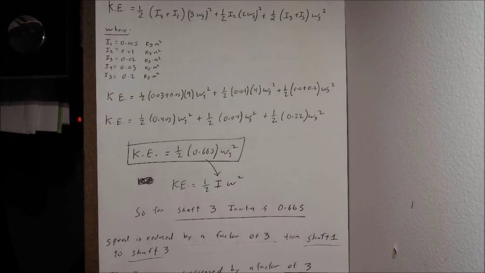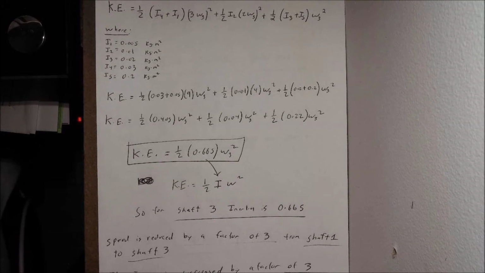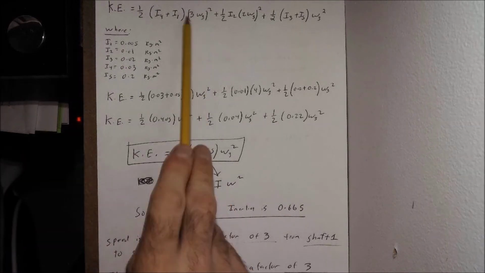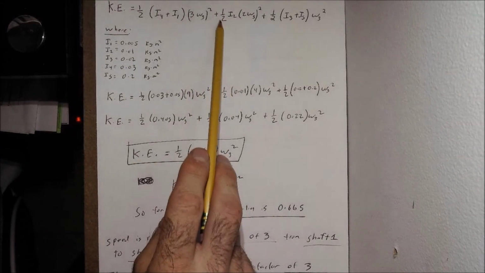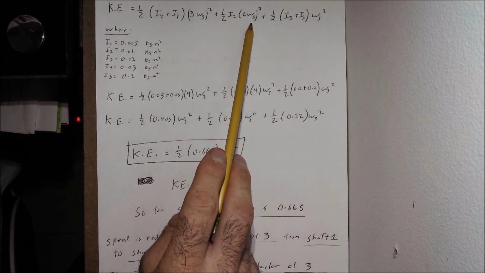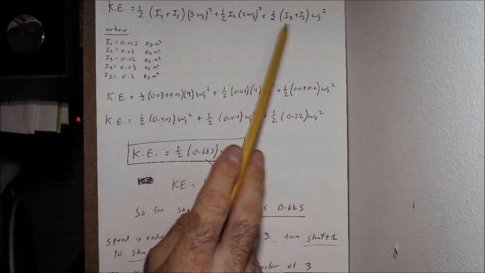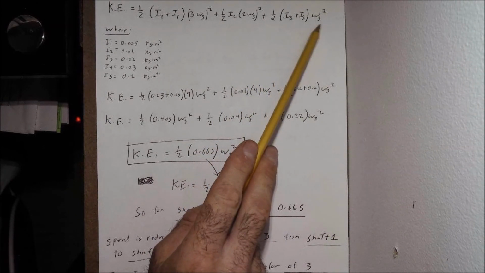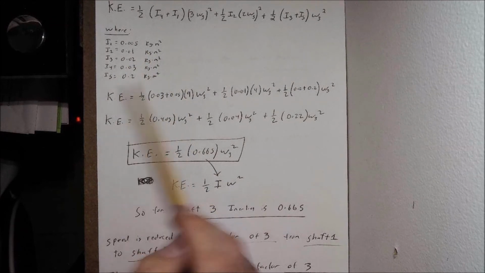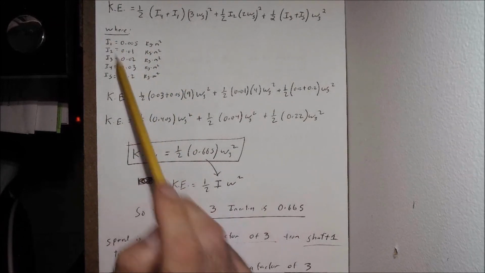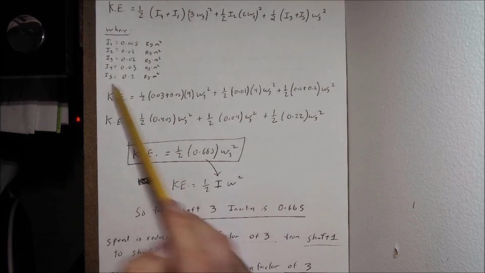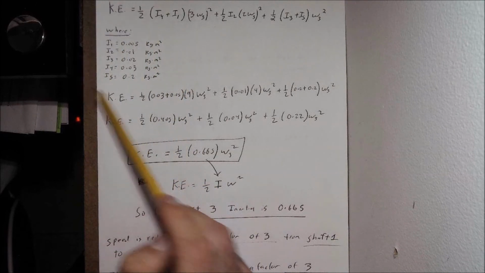So once I plug in those ratios for omega 3 into my kinetic energy equation, here's what I end up with now. Kinetic energy is equal to 1/2 I4 plus I1 times now 3 times my omega 3 squared, plus 1/2 I2 times 2 times my omega 3 squared, plus 1/2 I3 plus I5 times my omega 3 squared there, where I have numeric values for all of these values for I1 through I5 that are given to me in the problem statement, and I can reference back to them on my first setup page.